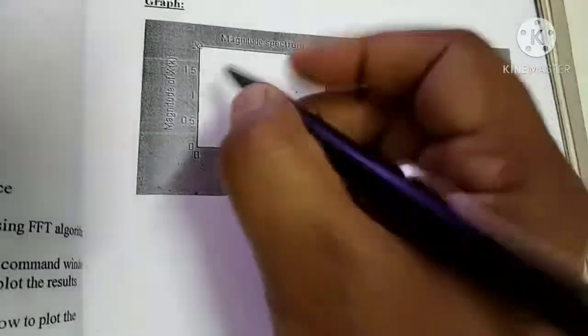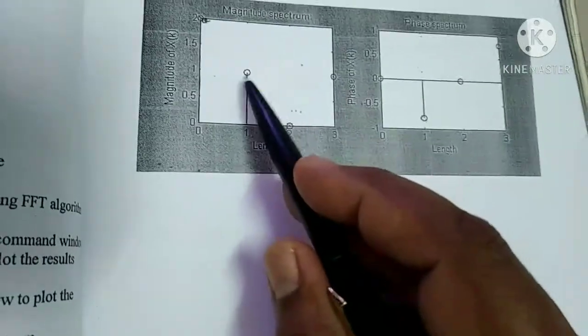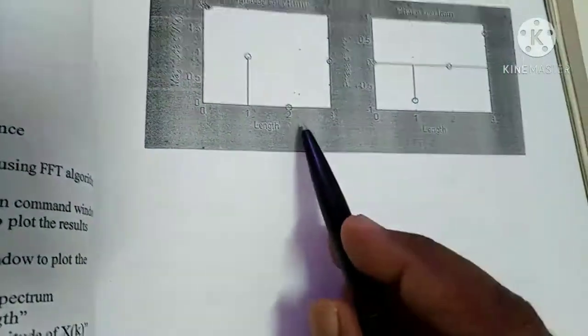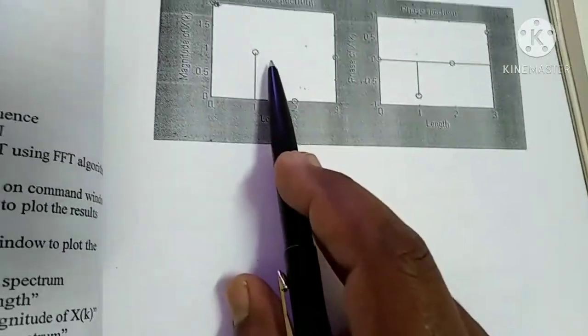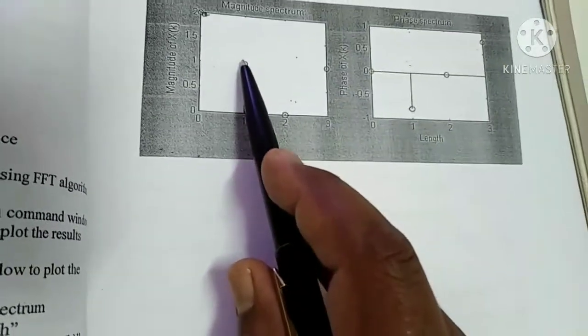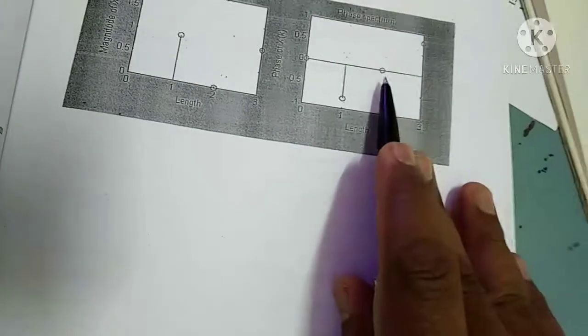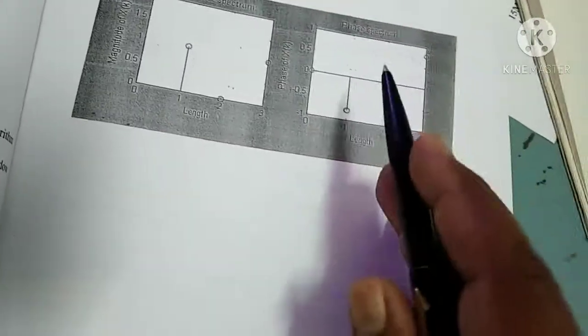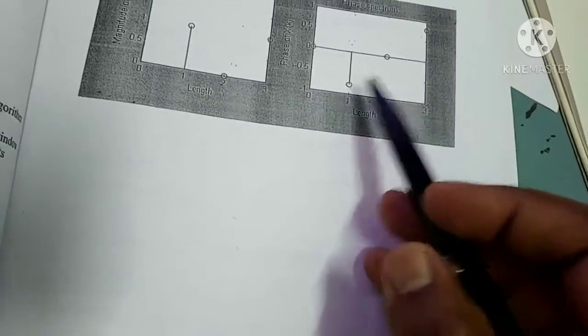At index 0 we have a pulse of 2, then at 1 a value of root 2, then 0, then at 3 root 2. For the phase, we have 0, minus pi by 4, 0, and plus pi by 4, where pi is 3.14. Like this we can get the DFT.